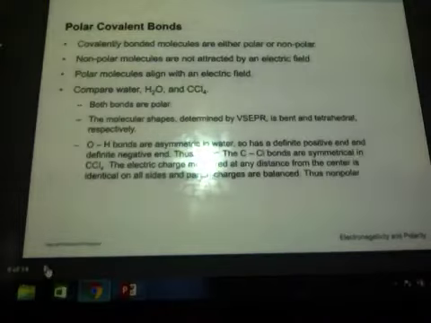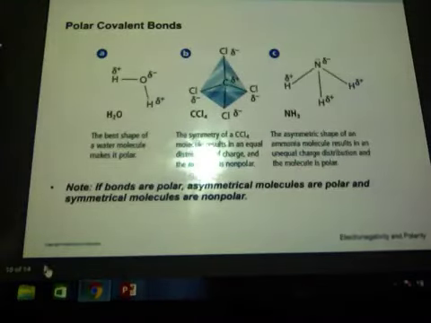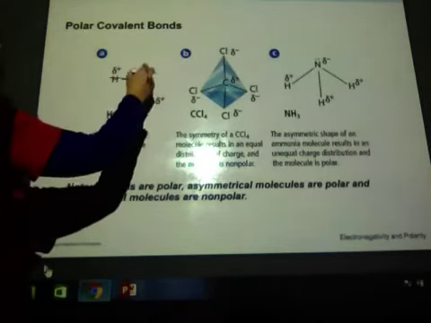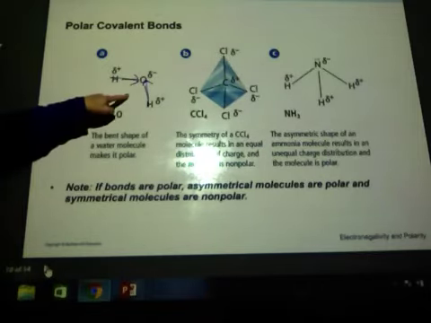So quite honestly, this section might be the hardest to see. So here's my negative end. Is that balanced evenly? Cool. Is that balanced evenly? No. So that would be a polar molecule.